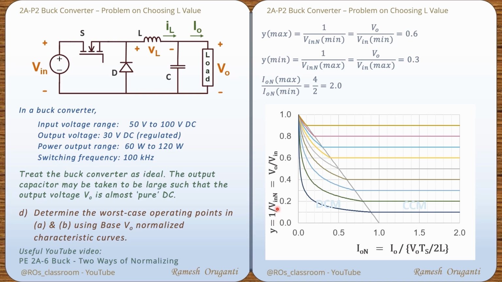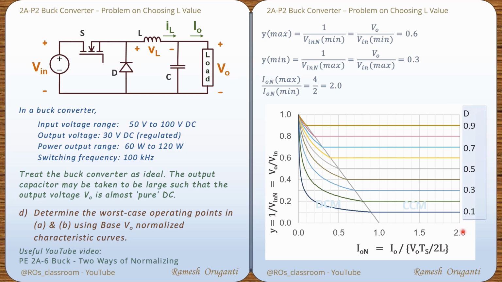Y also equals V0 by V in, the voltage ratio of the converter. This shows the complete characteristics. The CCM region is on the right hand side, the DCM region on the left hand side, and the straight line is the boundary between CCM and DCM. Each curve is for one duty cycle, 0.1 to 0.9.